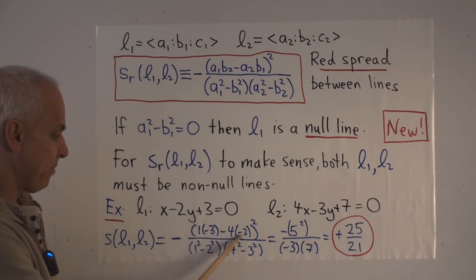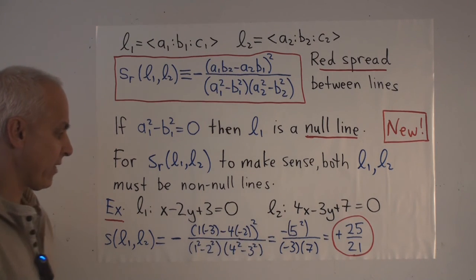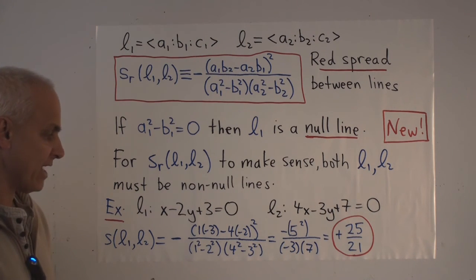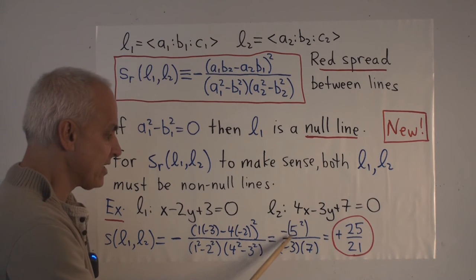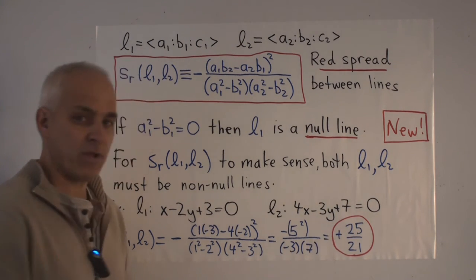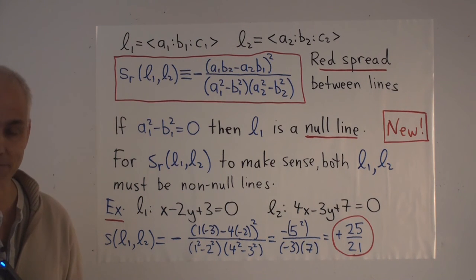So minus 3 plus 8, that's 5, so we have 5 squared. There's a minus sign here that we'll bring there. This is minus 3, 16 minus 9 is 7. So we get minus 25 over minus 21, or 25 over 21. The red spread between these two lines.